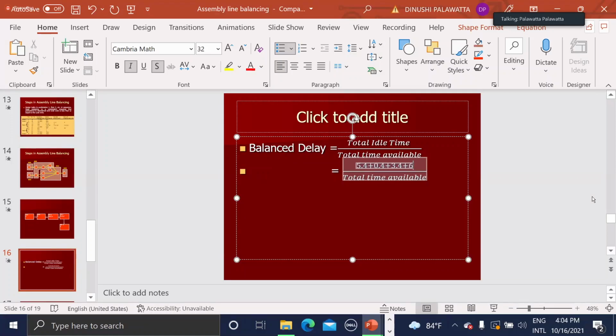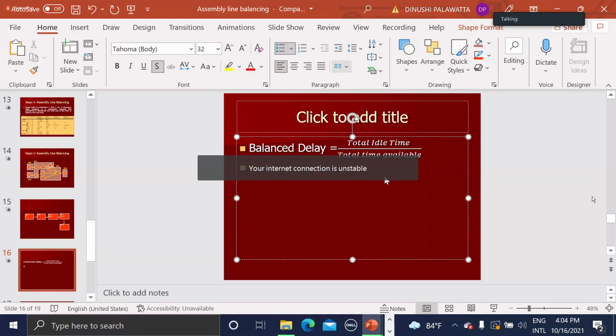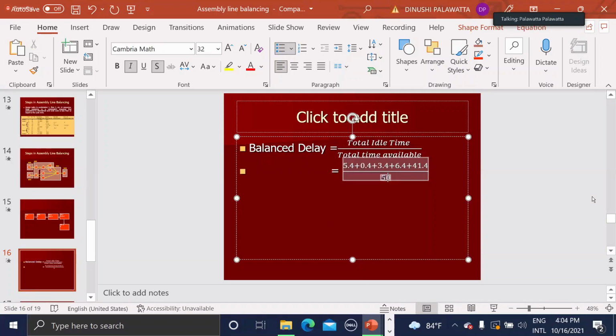Fourth one is 6.4, plus final one is 41.4. So divide this by 50.4 multiplied by 5 workstations.